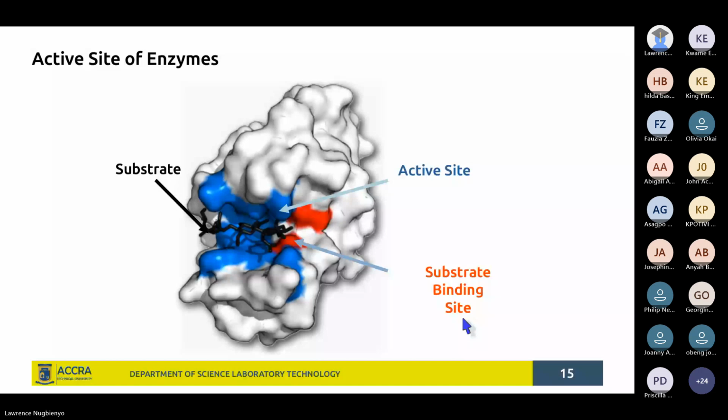Now, let's go back to the fundamental, which is that proteins are made up of amino acids. These amino acids are bonded together in peptide bonds to give you a certain sequence of amino acids, if we are talking about the primary structure of these proteins. And you also remember that we did talk about the secondary, tertiary, and quaternary structure of proteins.